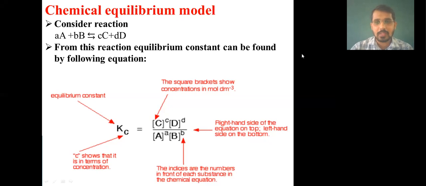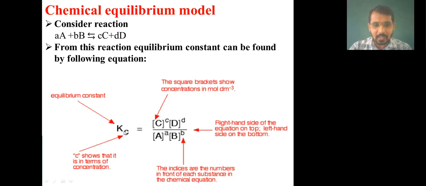So what is that equation? From this reaction, the chemical equilibrium constant can be found by the following equation. This is very important. If a question is asked on this chemical equilibrium model, you have to write this equation and specify what the chemical equilibrium constant is and what each term is. See this carefully.